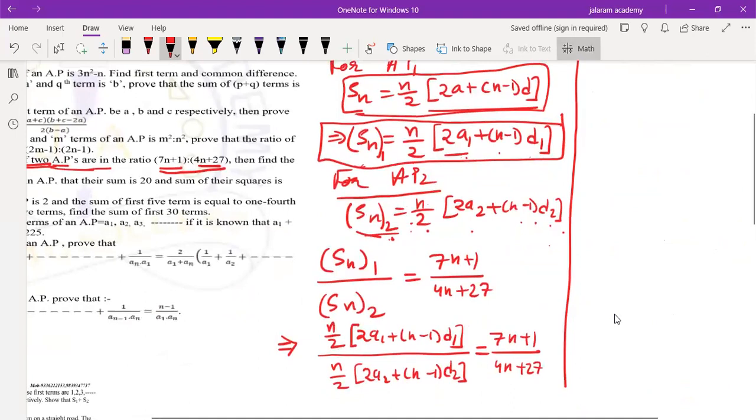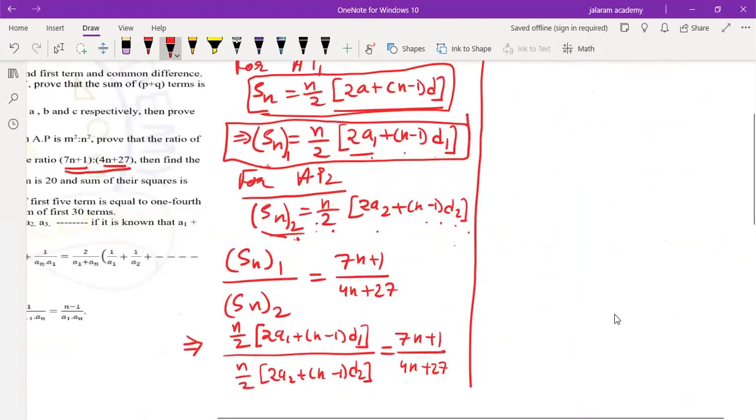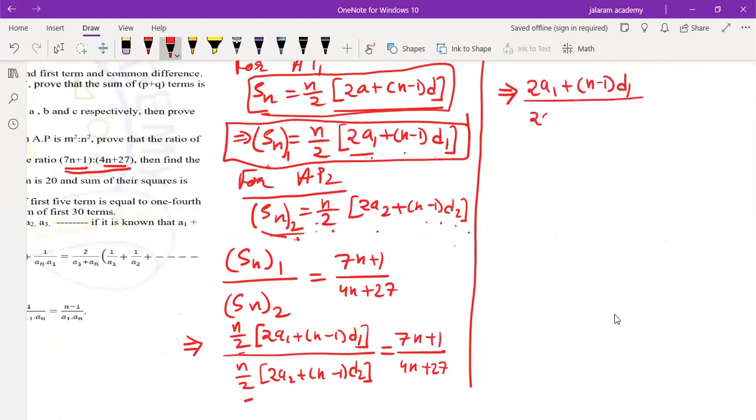So till now we have reached a result in which we observe that from the numerator and denominator, n by 2 will be cancelled out. So the remainder is 2a1 plus n minus 1 into d1 over 2a2 plus n minus 1 into d2 equals 7n plus 1 over 4n plus 27.